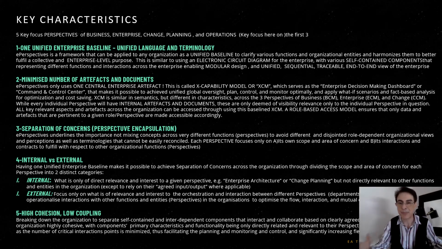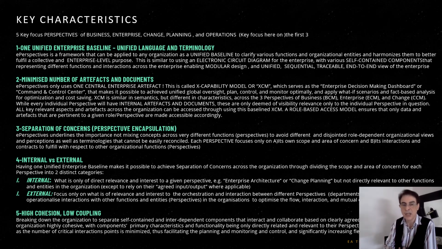This is why we separate concerns into perspectives and sub-perspectives. That gives us the possibility to protect everybody outside our sub-perspective or perspective from having to understand and deal with anything we have internally. They only focus, like on an electronic circuit, on the input we provide.